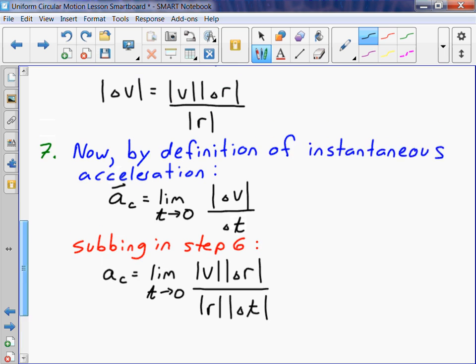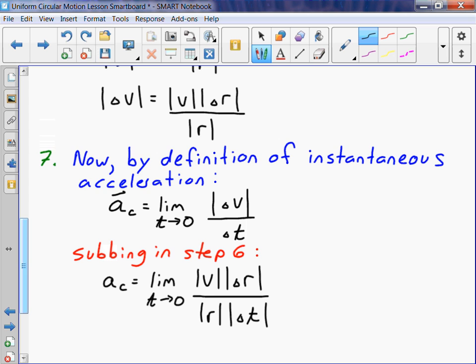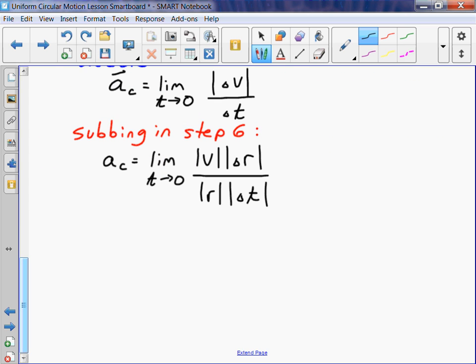So subbing in delta v equals v delta r over r, centripetal acceleration is the limit as t approaches 0 of v delta r over r delta t. And starting in this next step, things start to simplify. The delta t doesn't need to be boxed.